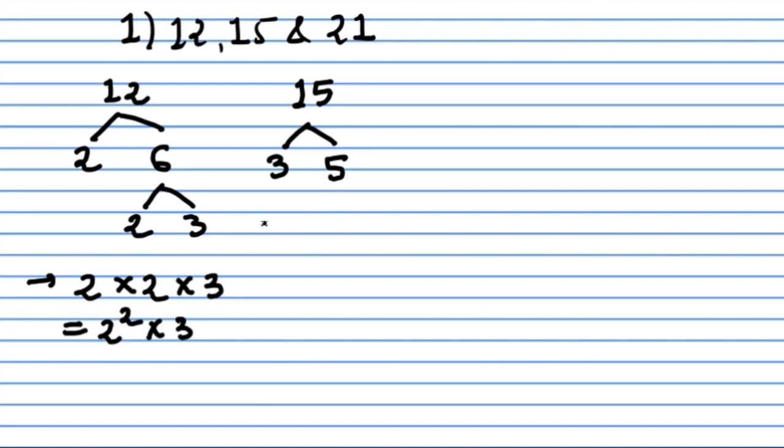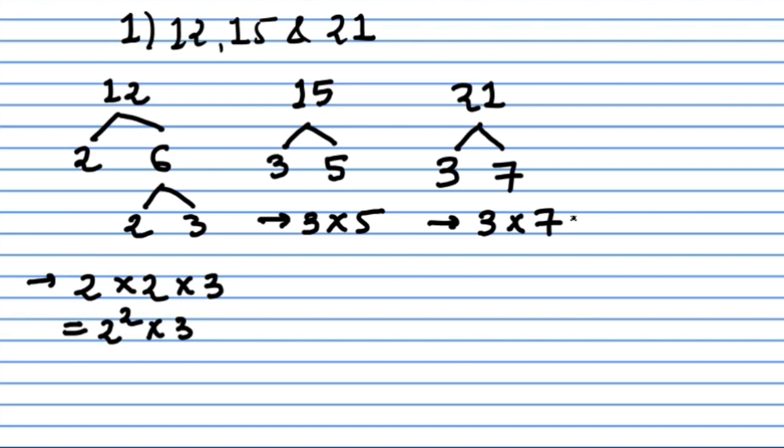So for 15 the factors are 3 multiplied by 5. For 21, we will not continue with 2 but with 3. 3 sevens are 21, and 7 is a prime number, so there is no other factor. So for 21 the factors are 3 multiplied by 7.